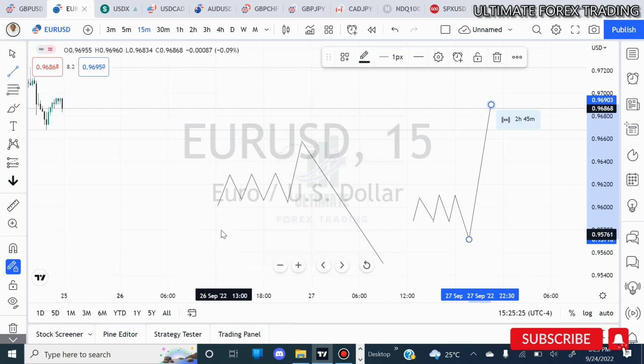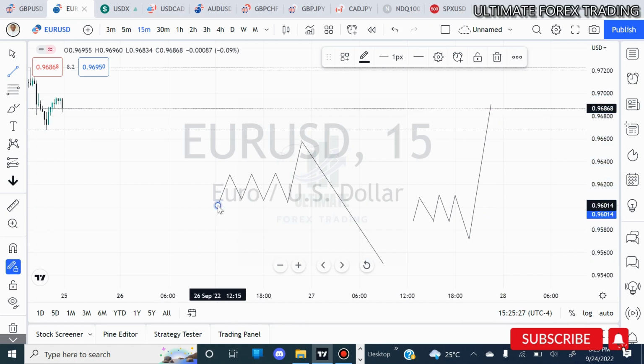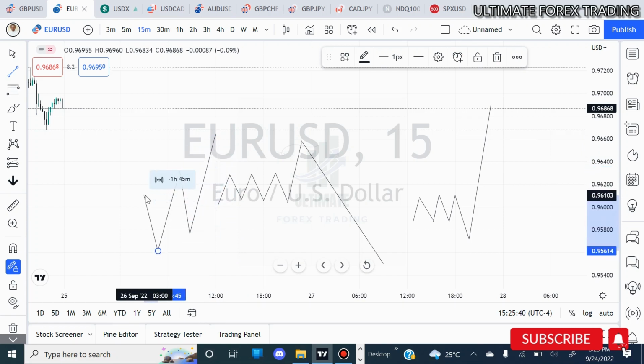So one important thing you need to pay attention to is that if you are trading the Power of Three concept, on the left side of the market you likely have something like this, maybe something like this, right, perfect.